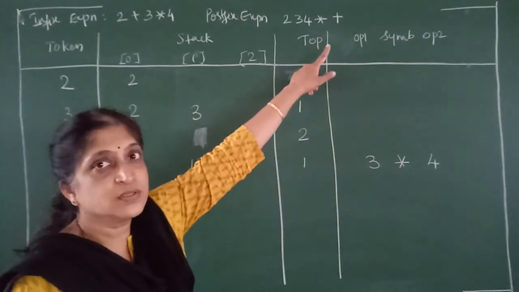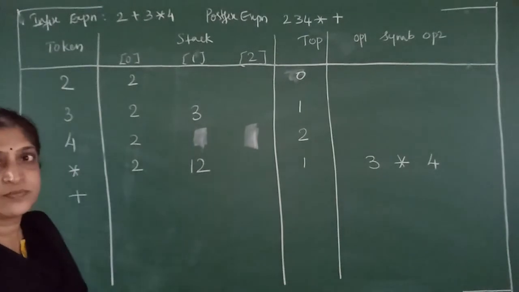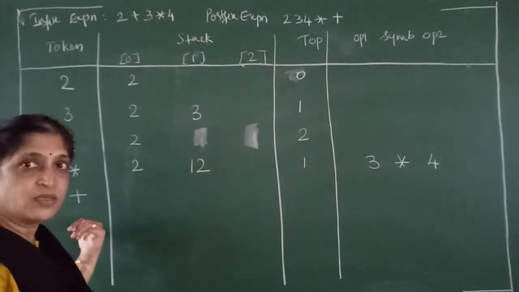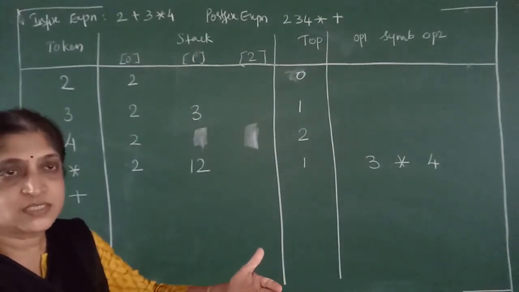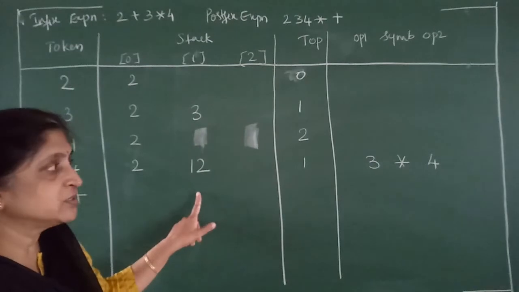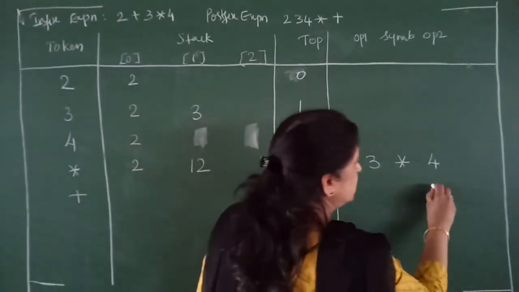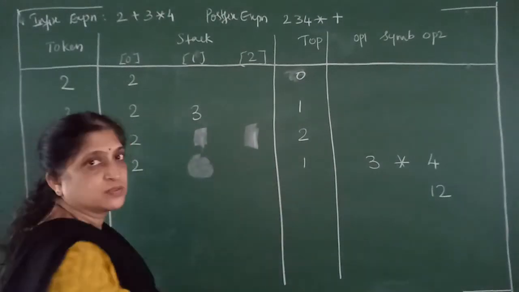Then we have the next token, that is plus. Since this is an operator, we have to pop two elements from stack. So what is the first element we pop? It is 12. So this becomes operand 2. So 12 is popped.